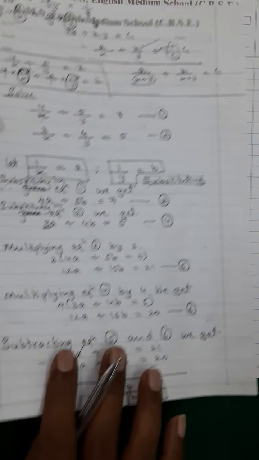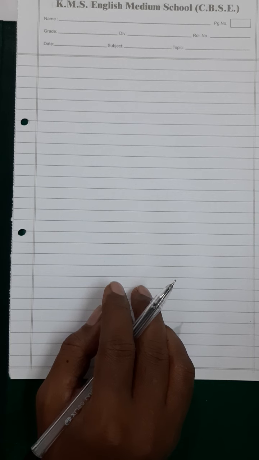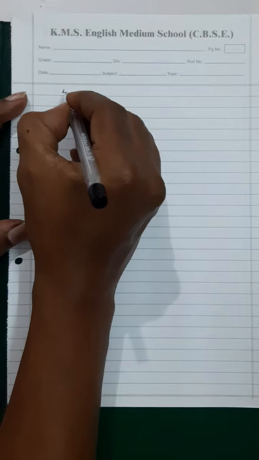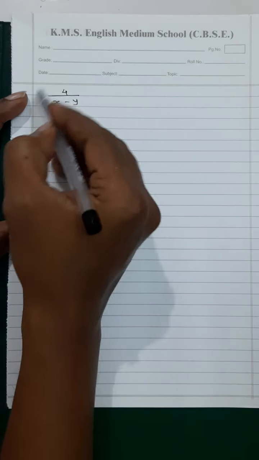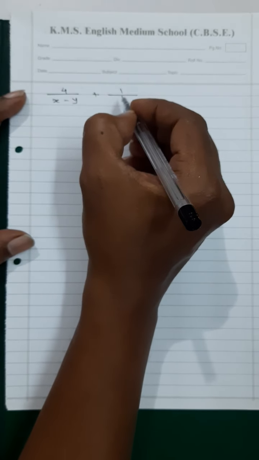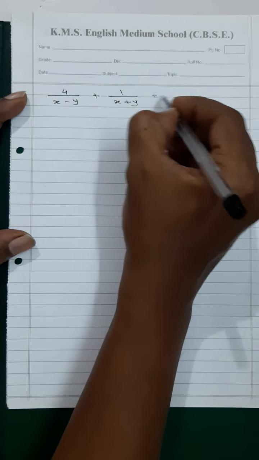Okay, my dear students. So this is the complexity of equations that you will be having. I don't find much reason why you should not be able to understand them. They are not at all much complex. The only thing is that you are entering into a loop now. See, another type of question that you will be having, you have to be careful in this case now: 4 upon x minus y plus 1 upon x plus y is equal to 3.